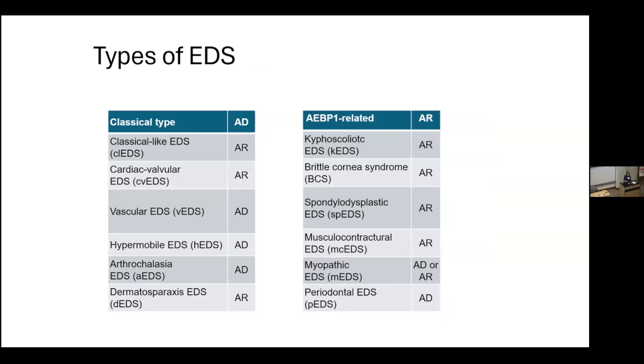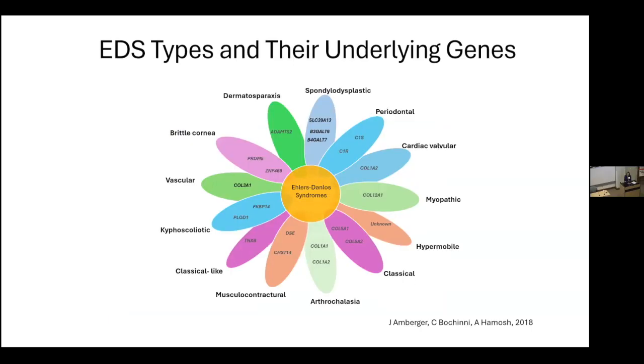So these are the genetically defined types of Ehlers-Danlos syndrome, the 12 genetically defined types. And I'm going to talk about each one of them in turn. I love this representation of them, which was done by Joanna Amberger and her colleagues at Johns Hopkins in 2018, with the petals of each flower representing the different types of Ehlers-Danlos syndrome.